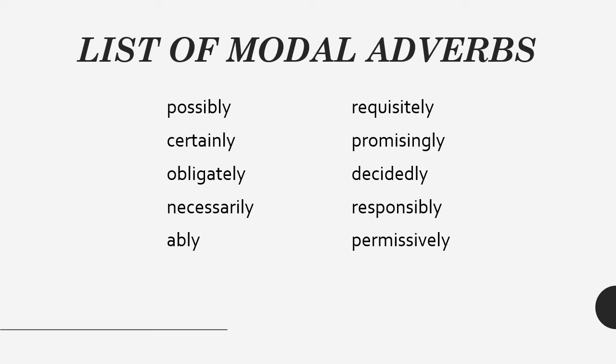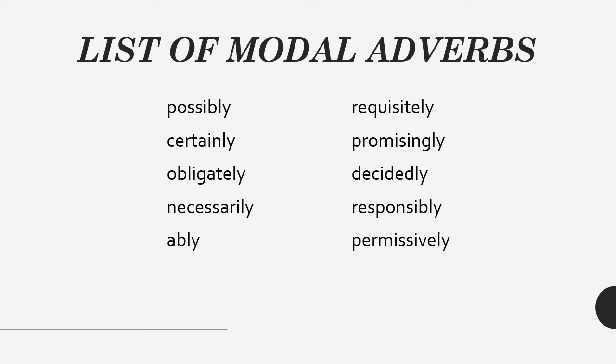But this time, we replaced it with the suffix ly because we are already talking about modal adverbs. So the modal noun possibility became the modal adverb possibly. Of course the form is different because nouns and adverbs are used differently in a sentence. You already know how adverbs are used because I explained it in the previous slide. Another example, we have obligation in the modal nouns. In the modal adverbs, it became obligately.